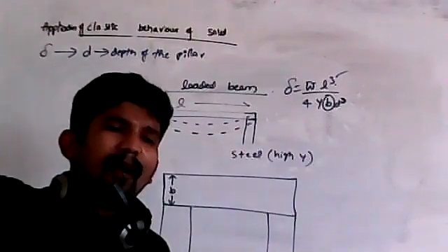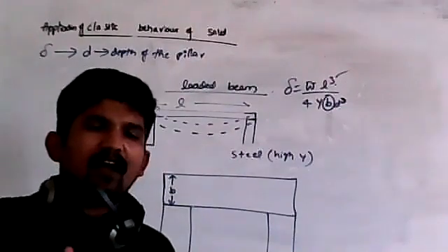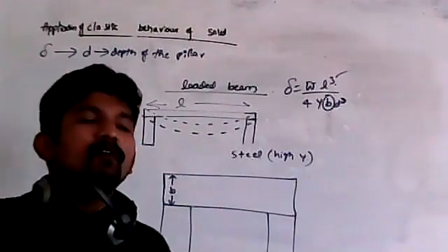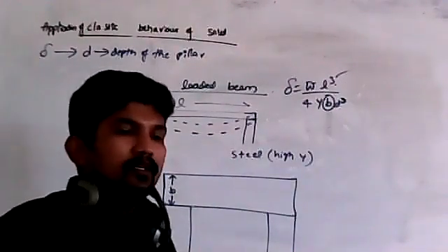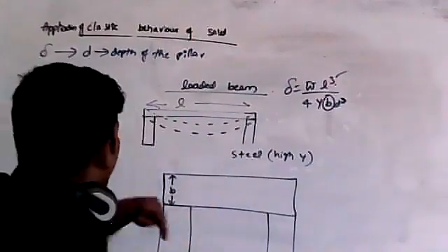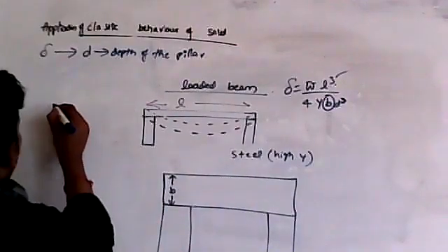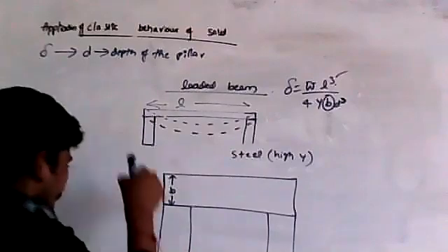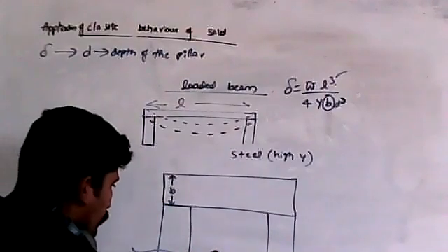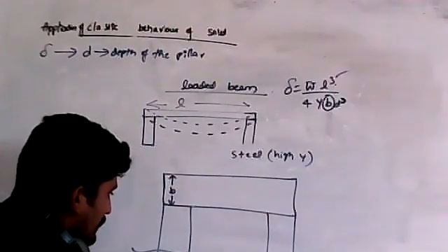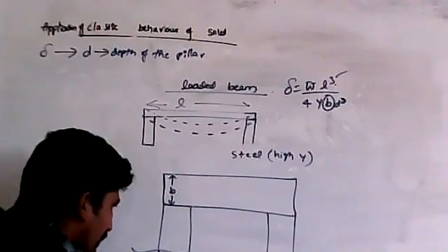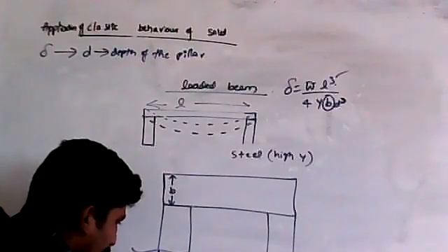So for example, in the metro in Bangalore, they put the pillars deep into the ground. Not only at the surface level, they dig some feet below.